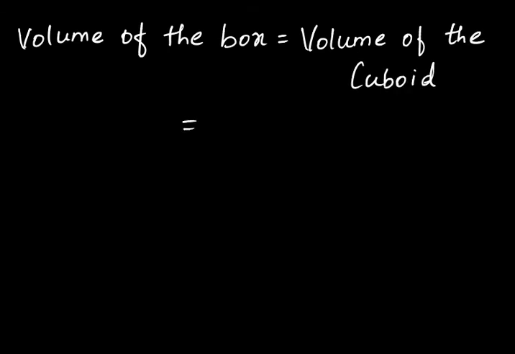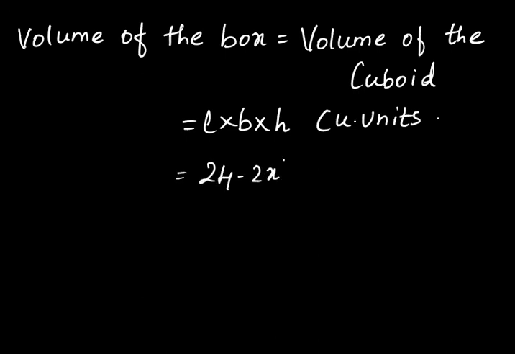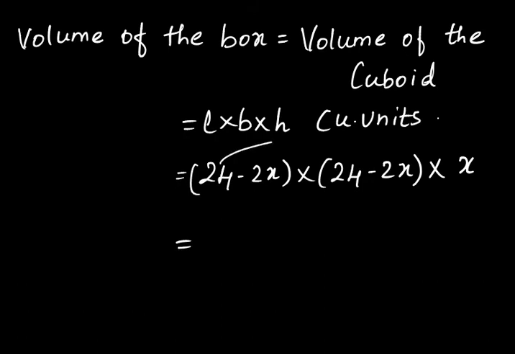Volume of the cuboid formula is length into breadth into height cubic units. L value is 24 minus 2x, B value is also 24 minus 2x and H value is x. So multiply. You will get 24 into 24, 576, minus 24 into 2x, 48x.